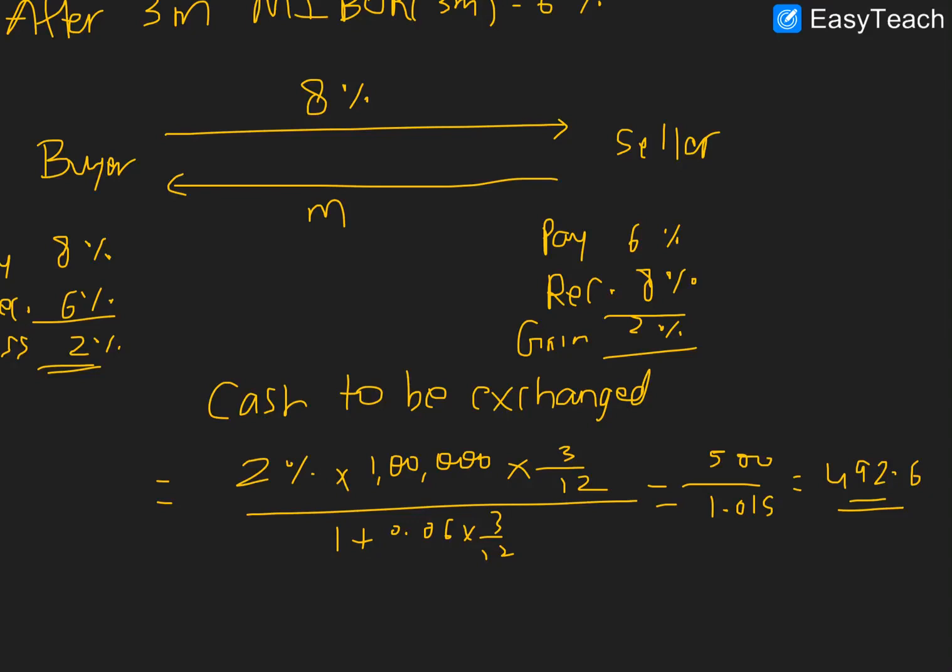By whom to whom? Final cash that needs to be paid by, obviously, since the seller is going to make a gain, the seller is going to give 492 to the buyer, and nothing needs to be paid by the buyer because it's the net amount that they are supposed to exchange, right? So that's how a typical FRA is being settled.